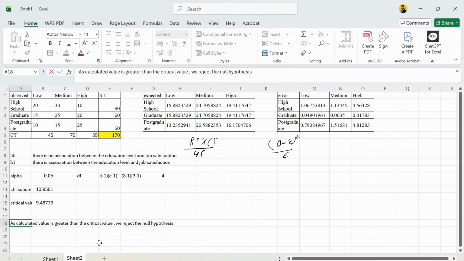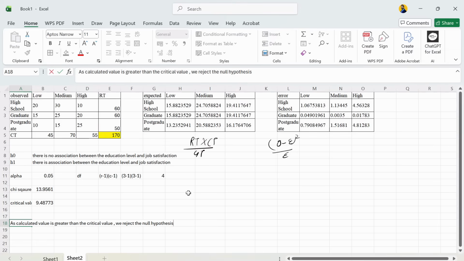We can define it like this. As you can see, the calculated value is 13.9 and the critical is 9.4. So our calculated is greater than the critical one, so again we will reject the null hypothesis. This is, again, our result as per the values.